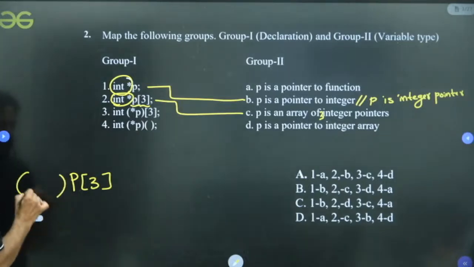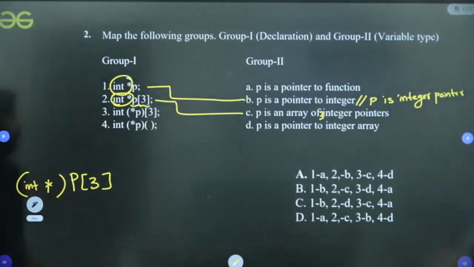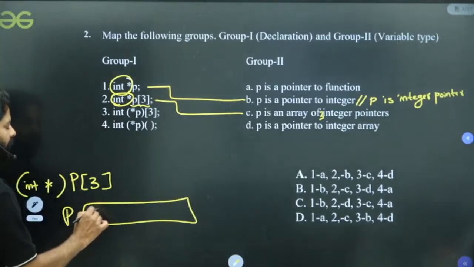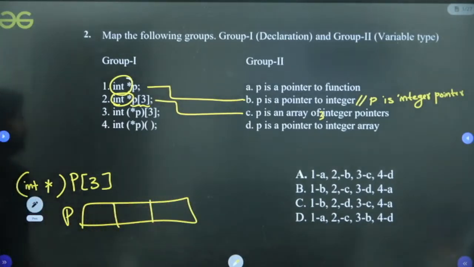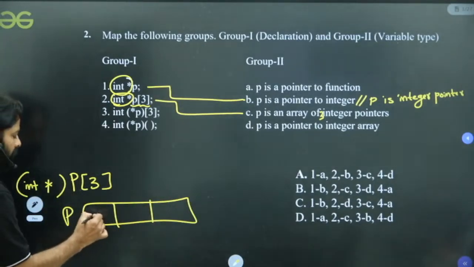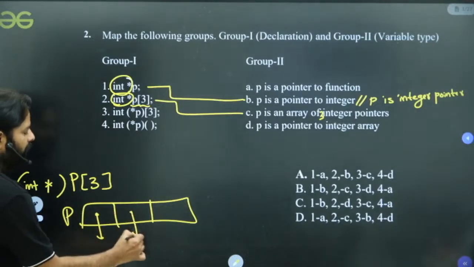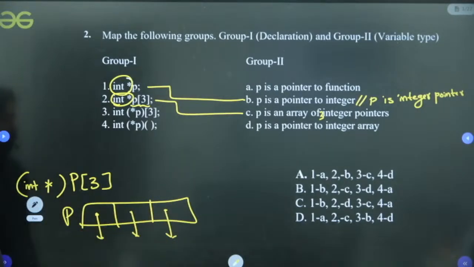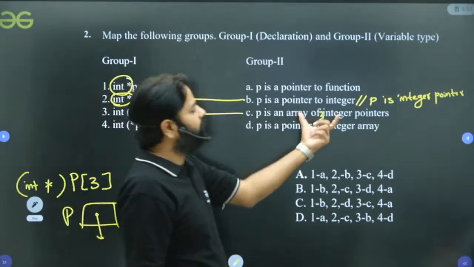And each element is integer pointer. That means P is declared as 3 element array and each one is going to point to address of integer. It will have the address of integer. So P is an array here, not a pointer, but it holds pointers, 3 pointers it holds.